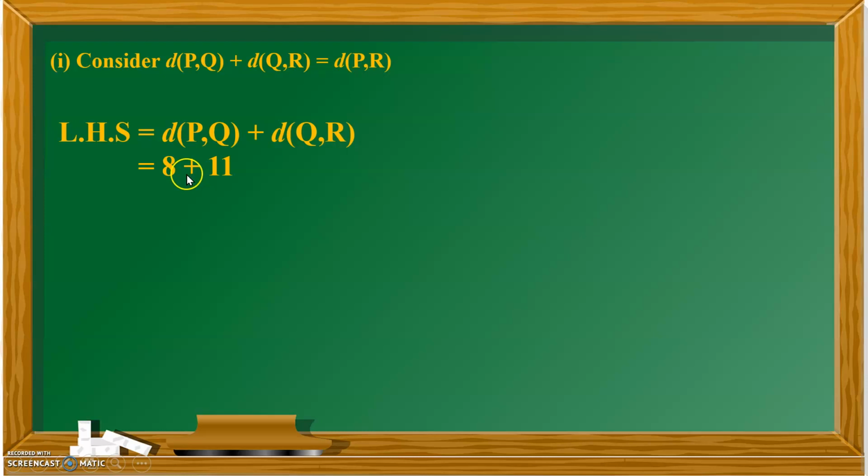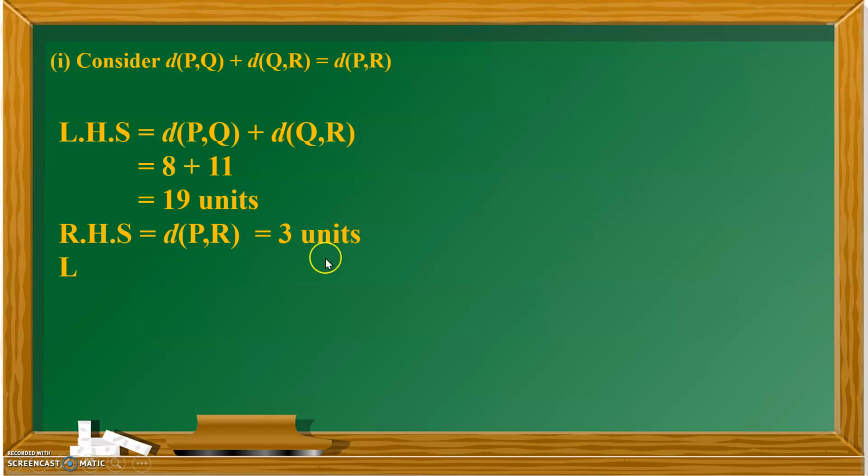When we substitute, you will get 8 plus 11, which is equal to 19 units. And what is there in our RHS? RHS is distance PR, which is equal to 3 units. Now these two distances are not equal. So we write LHS not equal to RHS. Therefore, the given statement is a false statement.